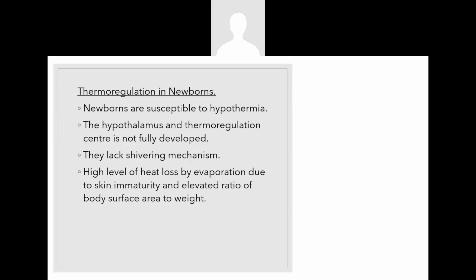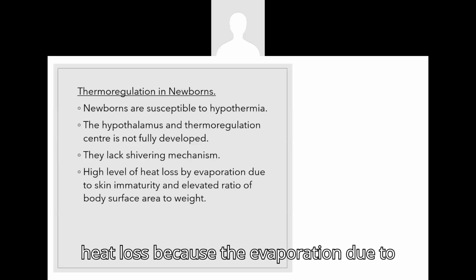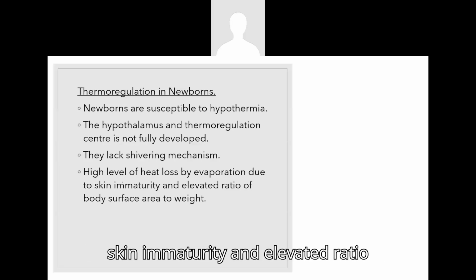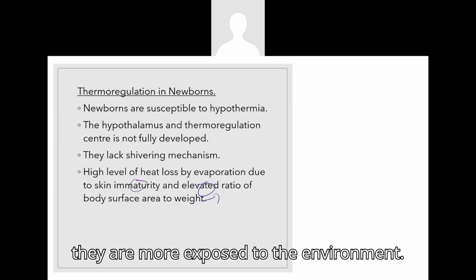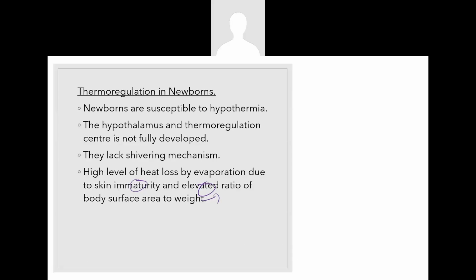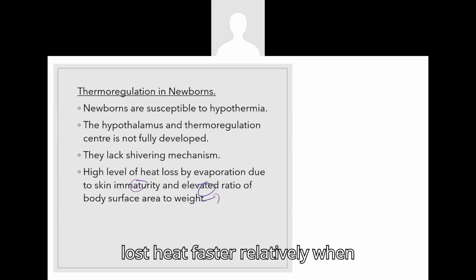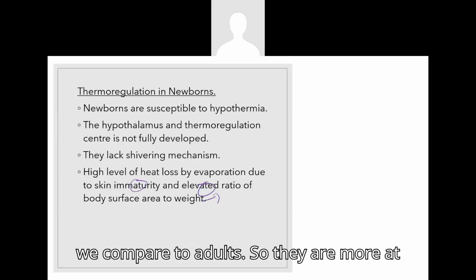So they are also more prone to heat loss because of the evaporation due to skin immaturity and elevated ratio of body surface to volume. That means they are more exposed to the environment. So they lose heat faster relatively when we compare to adults.